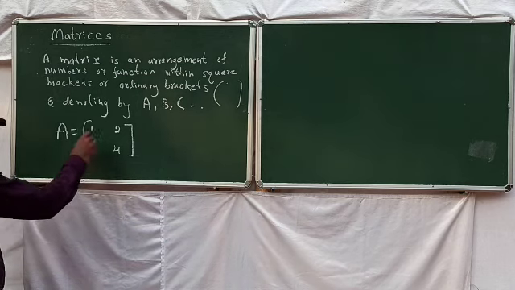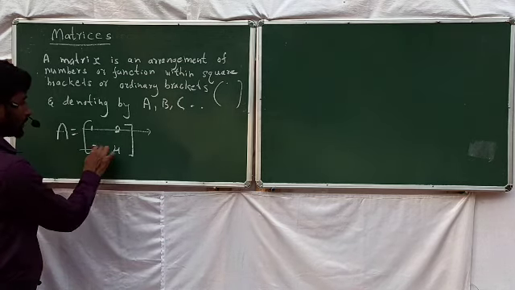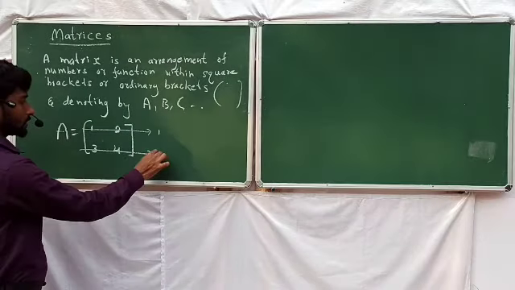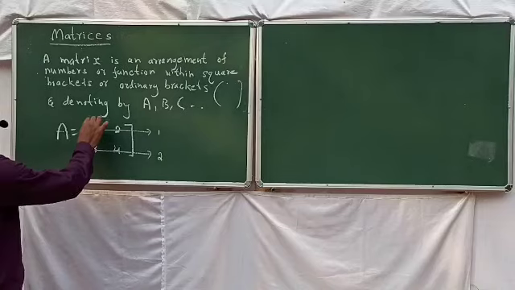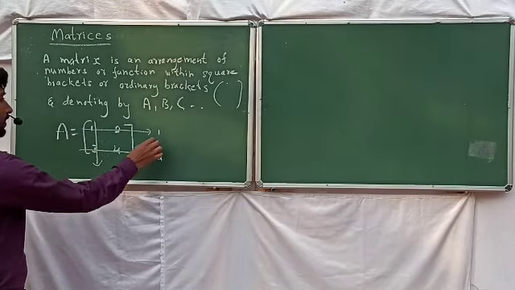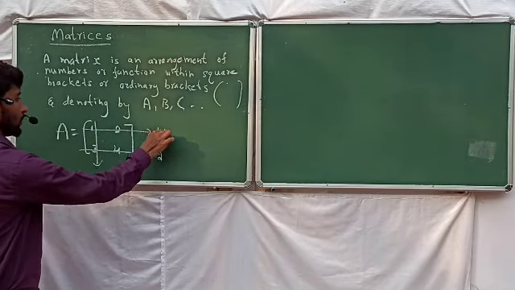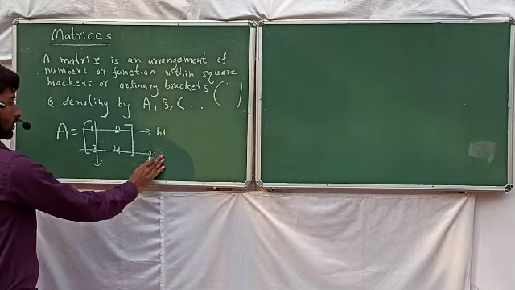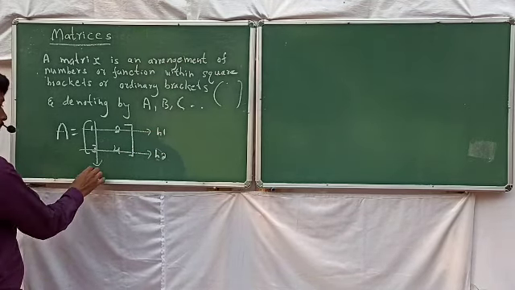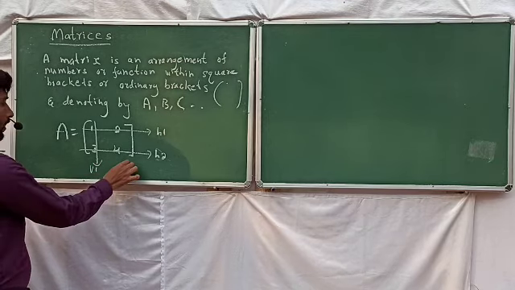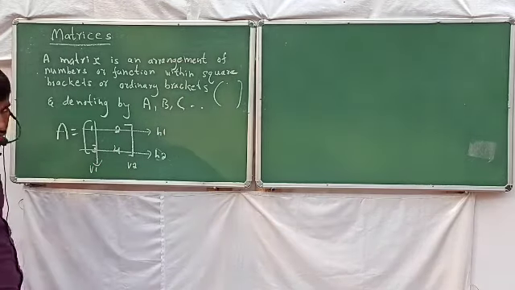You can see here two horizontal lines, the first horizontal line and another horizontal line. Similarly, you can see two vertical lines. I am writing them as H1 and H2 for horizontal lines 1 and 2, and V1 and V2 for the vertical lines.